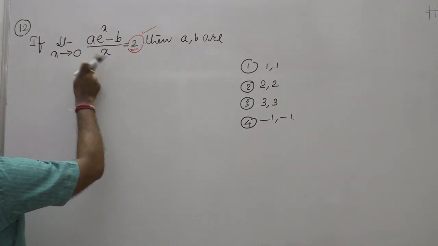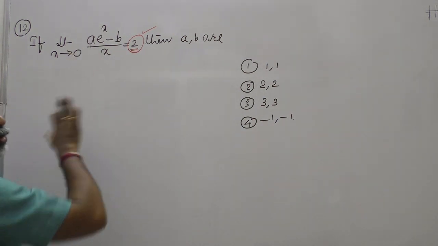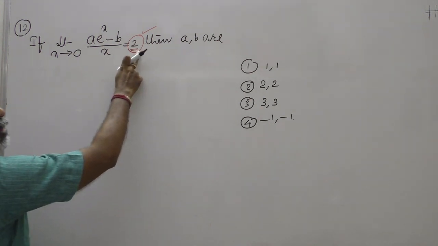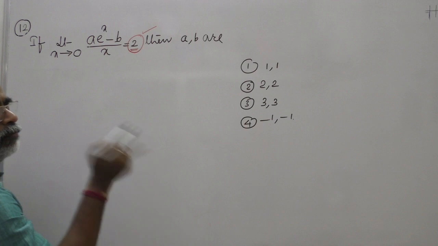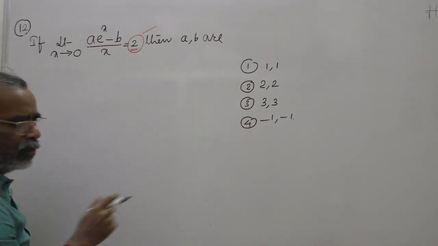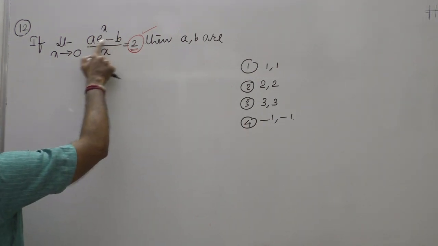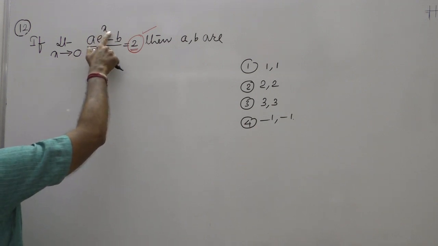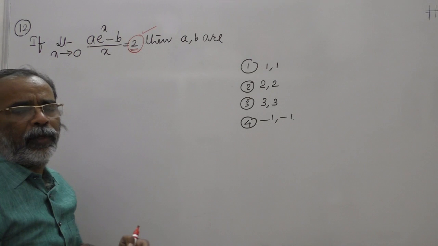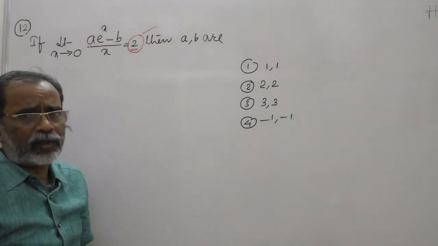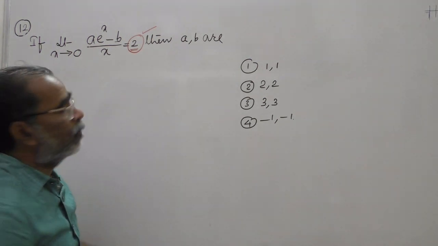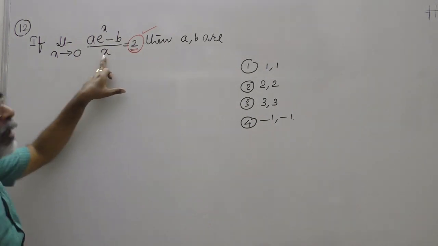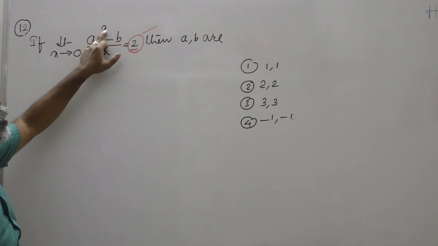Denominator is 0. If numerator is not 0, then answer is infinity. But he gave answer is 2, which is a finite number. This is possible when numerator is 0 for this limit. If it is 0, 0 by 0, indeterminate form, further we can proceed. Are you following? Once again, if I write the limit here, denominator is 0. What about numerator?